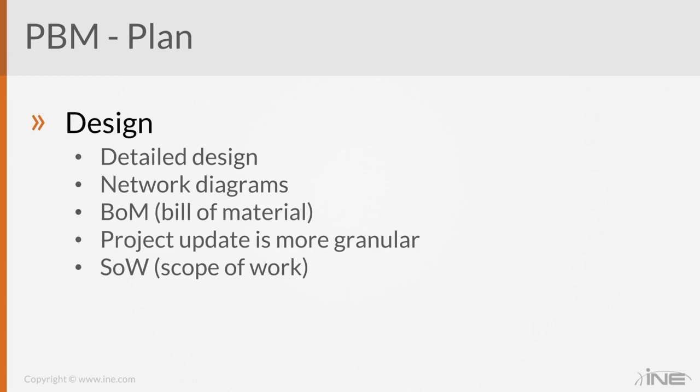Then the project update is more granular. So at this point, it would be small things like, I think we go with a smaller license on switch 22 because we're not planning to have any servers attached to that one, only workstations. We looked at the BOM and the extra cost for security is too much.